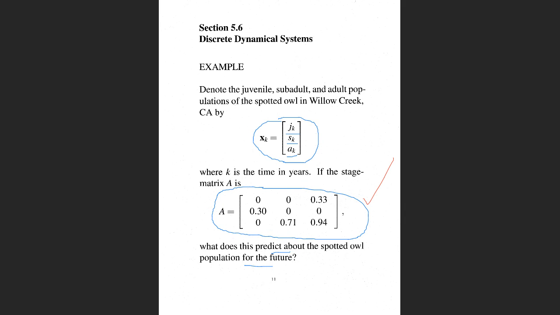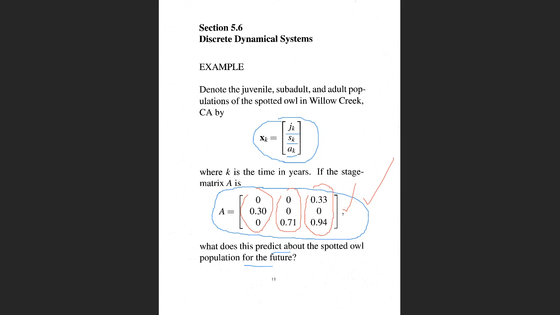Because for a stochastic matrix, the entries in each column would have to add up to what? They'd have to add up to 1. Good, good. Okay, so let's go ahead, and I think it would be helpful to interpret what these entries mean. So let's go to the next page.